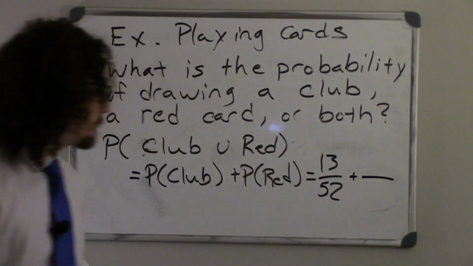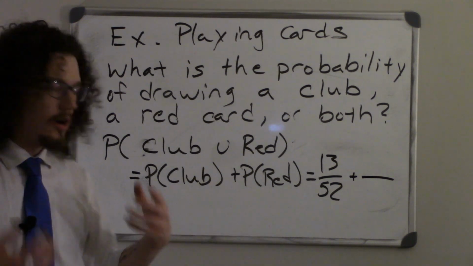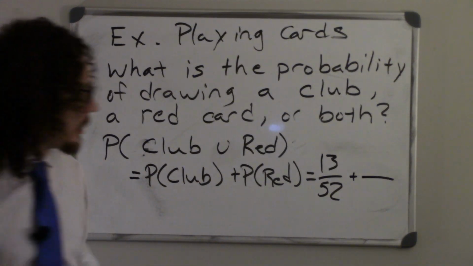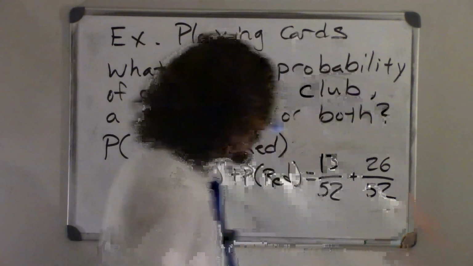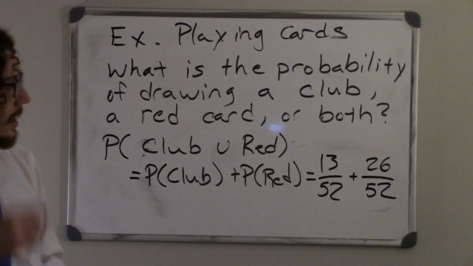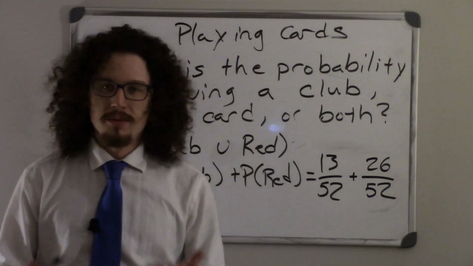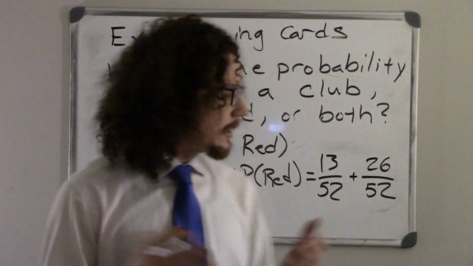Those are mathematically equivalent. And then for the red cards, again, how many cards are red? Well, it's half the deck, half is red, half is black. So half of 52 is 26. And then, of course, the denominator is 52 for both of them, because that's the number of outcomes in the sample space. There are 52 unique cards in a deck.